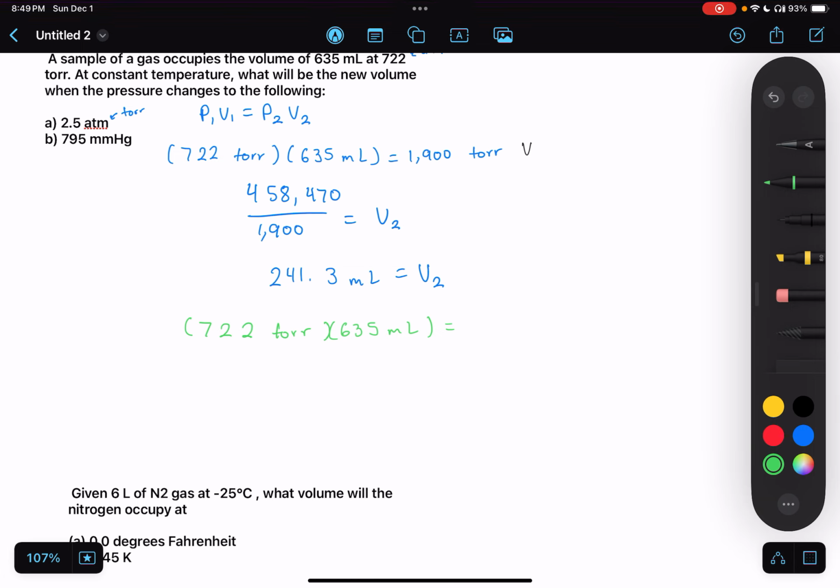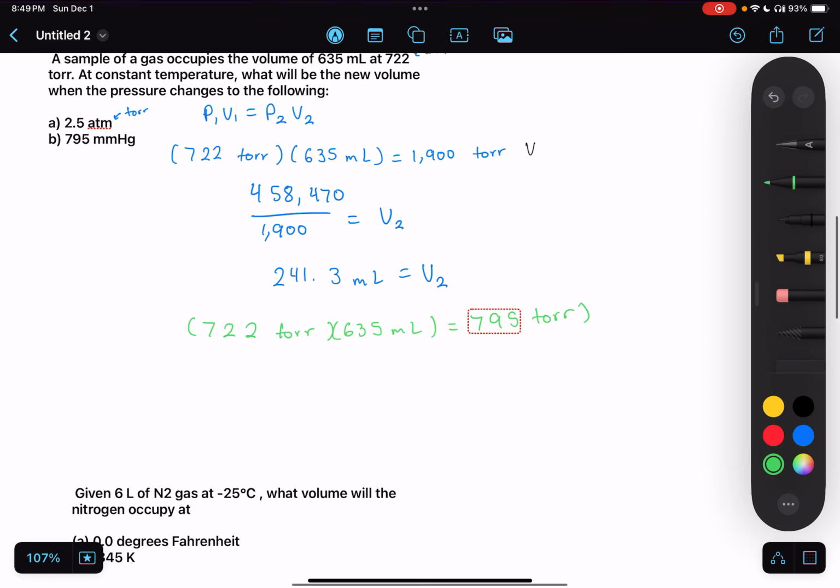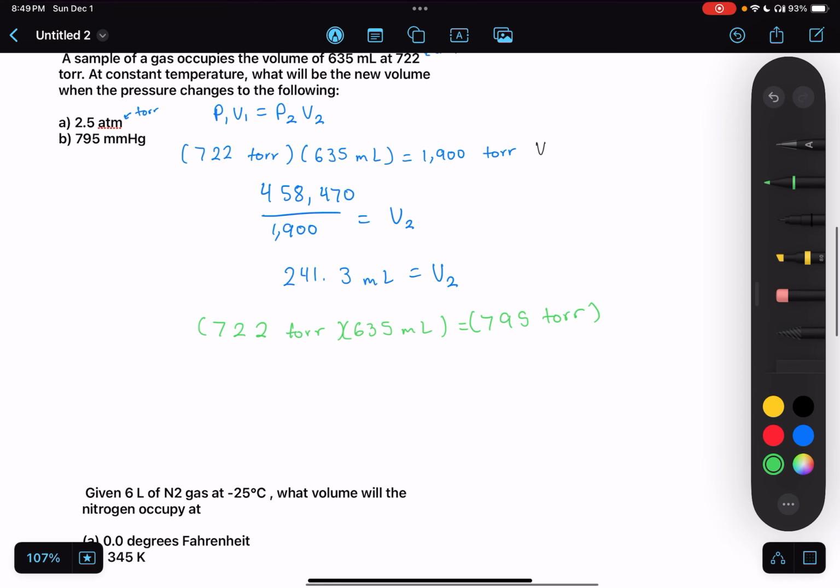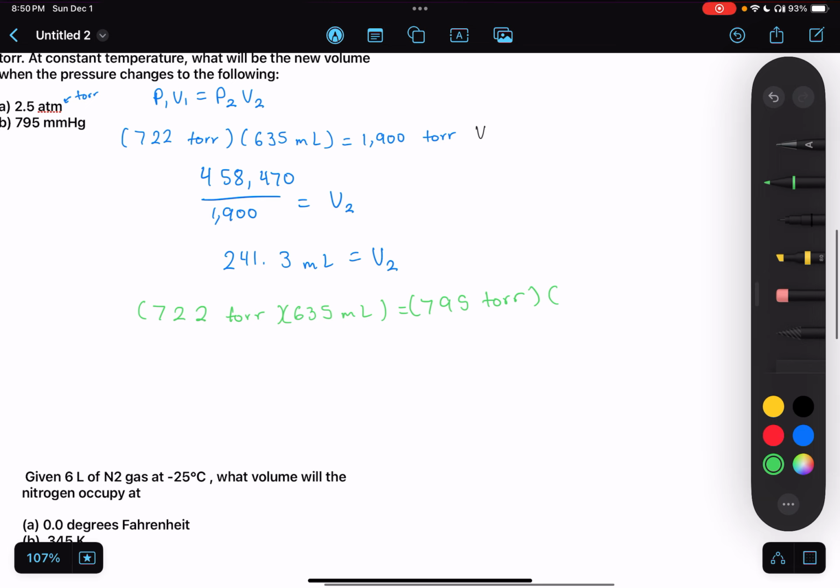Now we have a 1-to-1, so 795 millimeters of mercury means that we've got 795 torr. I'm not gonna complicate it and switch to atmospheres or anything like that. I was gonna, but we gotta save time on this.